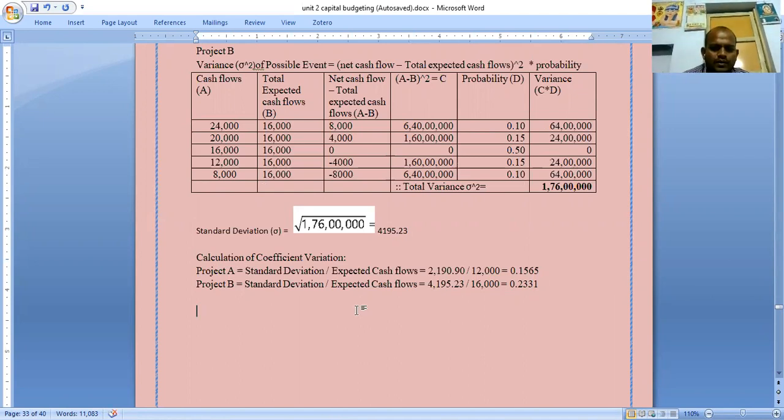So, decision making. In project A, risk per rupee of cash flow is 0.1565, while in project B it is 0.2331.